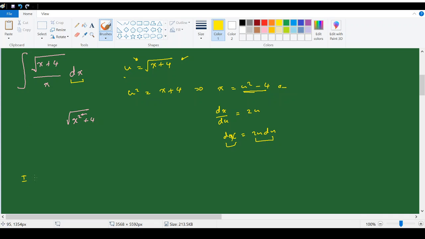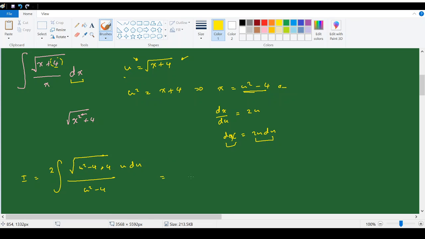The integral becomes the square root of, for x I have u squared minus 4, but there is another additional 4 there, and here we have u squared minus 4 in the denominator, and for dx we can have 2u du. The 2 I can take outside the integral sign.